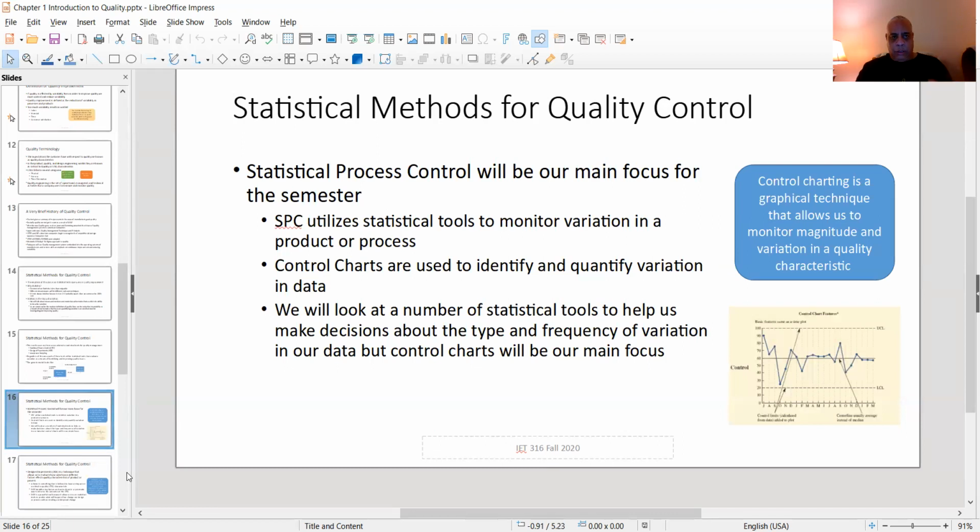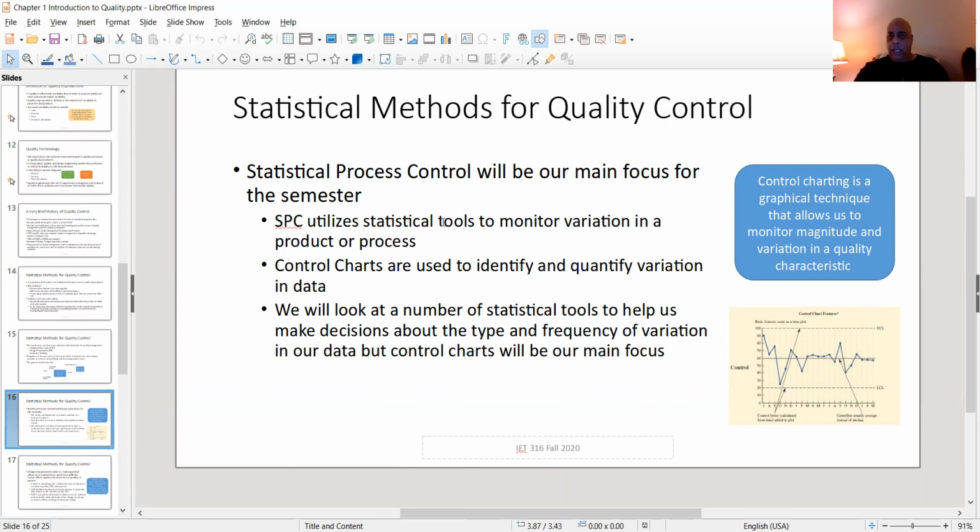Now, SPC, which stands for Statistical Process Control, utilizes statistical tools to monitor variation in a product or process. Also, control charts are used to identify and quantify variation in data. And again, as we get further into this course, we will look at a number of statistical tools to help us make decisions about the type and frequency of variation in our data, but control charts will be our main focus.